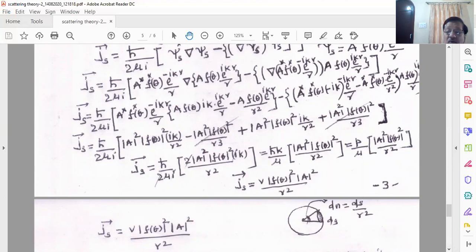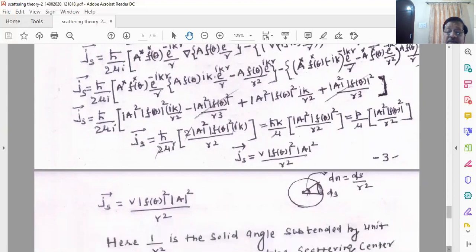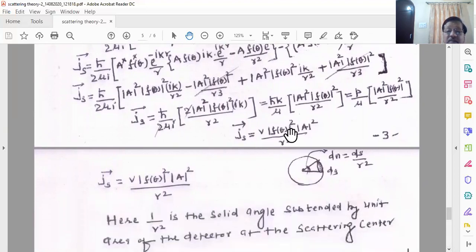And now, if you look at the 1 upon r square, it is nothing but the solid angle subtended by a unit area at the scatterer.